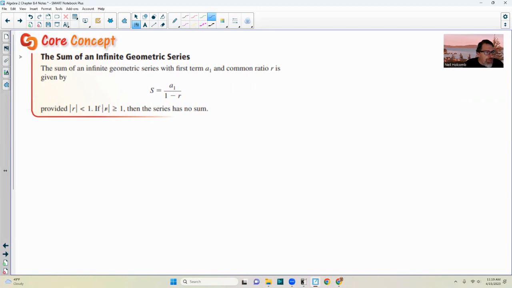If the absolute value of the common ratio is greater than or equal to 1, then the series has no sum. So we need a fraction between 0 and 1, positive or negative, because you take the absolute value. Okay, so let's put this into practice and see if it's more clear.